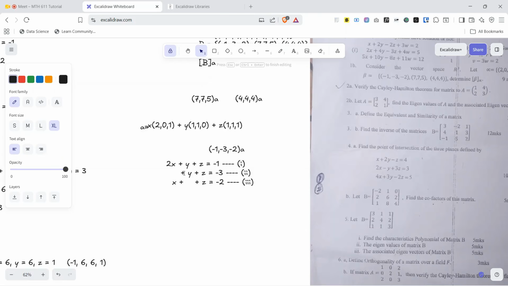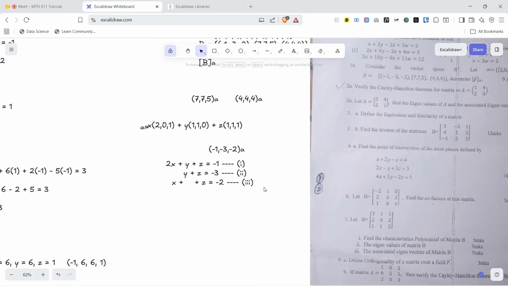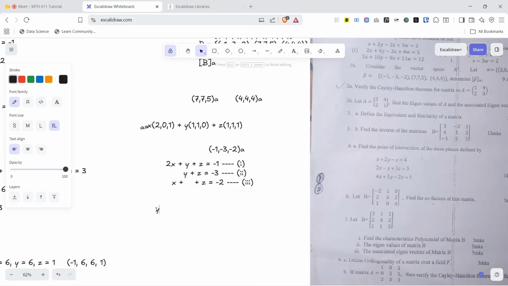So now we want to solve this equation. I think the easiest one would be using equation 2, or we can also use equation 3. We can use any of these two equations and then plug the resultant into the other one. But in this case, I want to use equation 2. So this will be y equals to -3 minus z, right? So that will be equation 4.